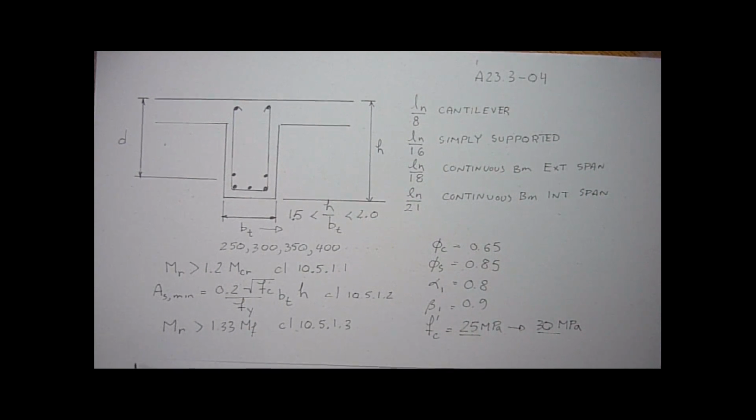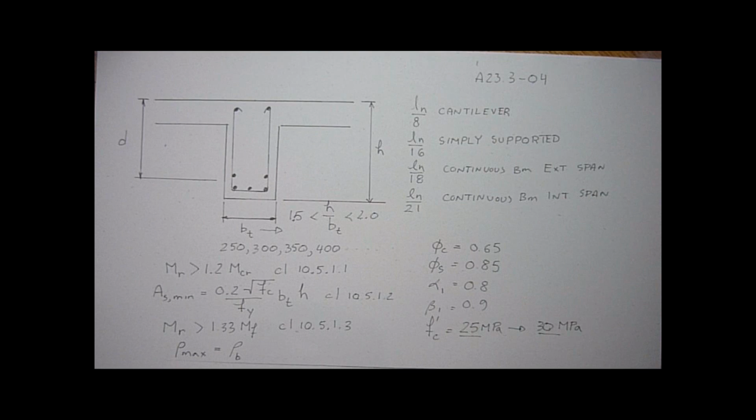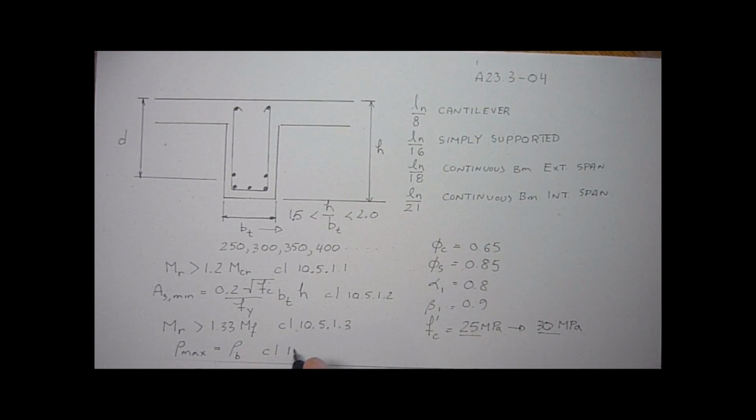Now the true maximum reinforcement ratio, rho max, in the code it says it's limited to rho balanced. If you don't know what these terms are, we'll talk about them more when we get to examples. But that's in clause 10.5.2.